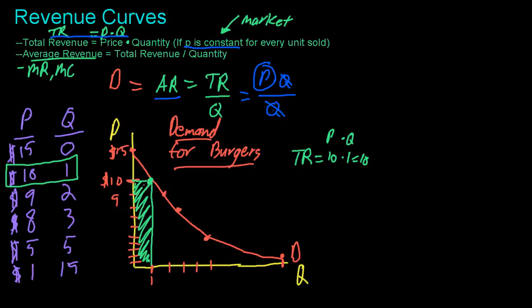Another way of seeing it is that if we work this out as average revenue is total revenue divided by quantity, then we can see that average revenue is equal to 10, which was total revenue right here, divided by 1, which is also equal to 10. And that again gives us this point right here, which is already on the demand curve. So in a market where price is constant, demand is equal to average revenue.